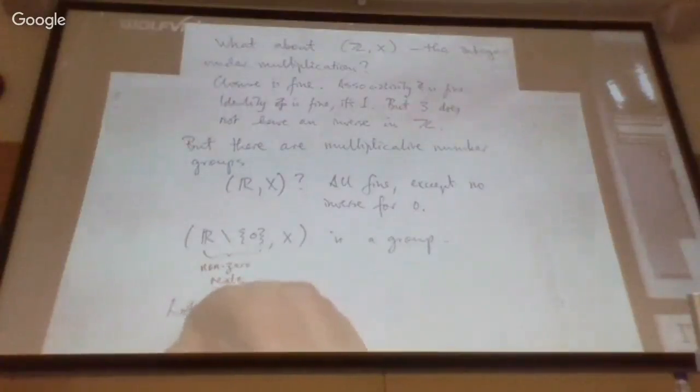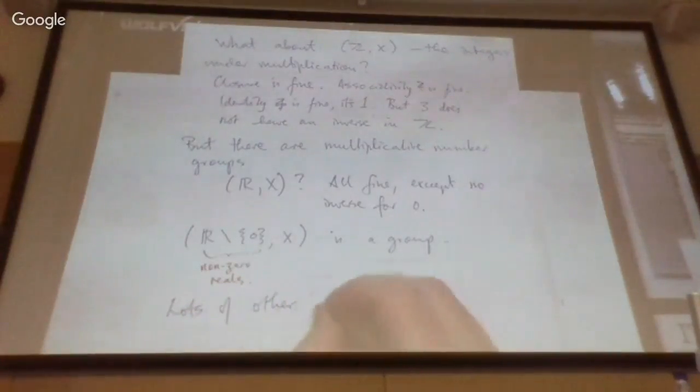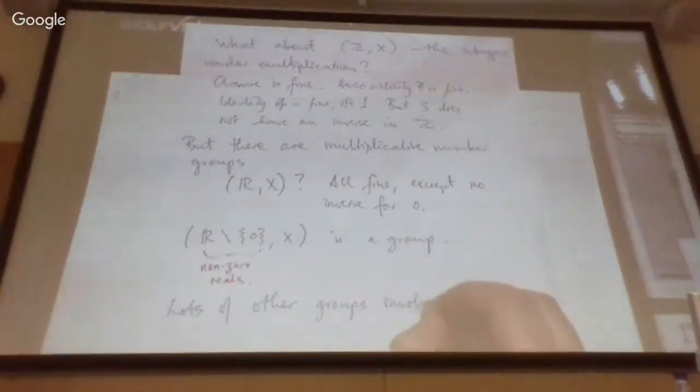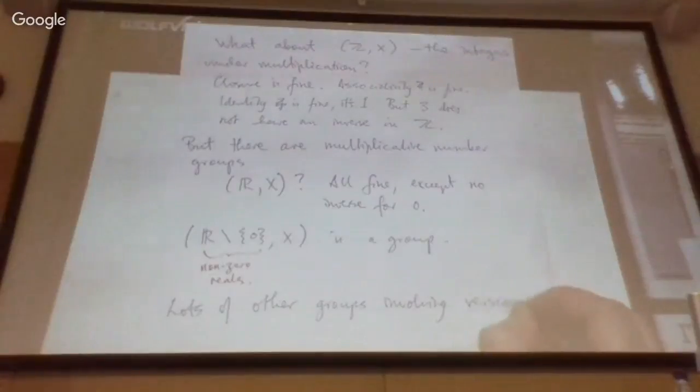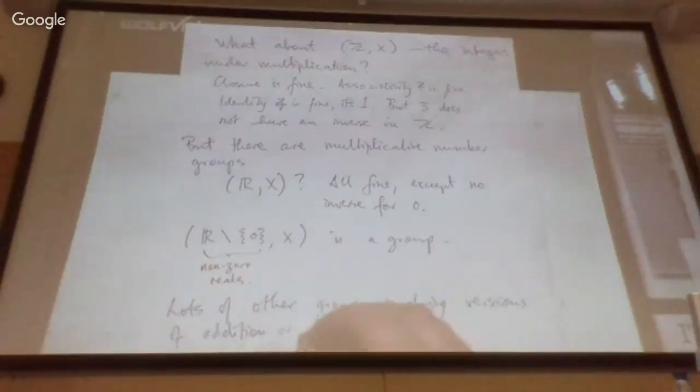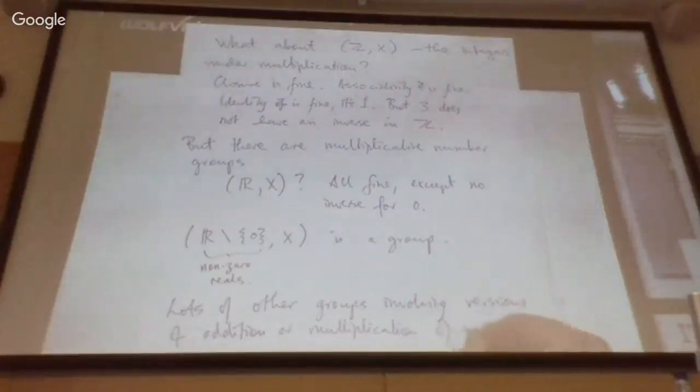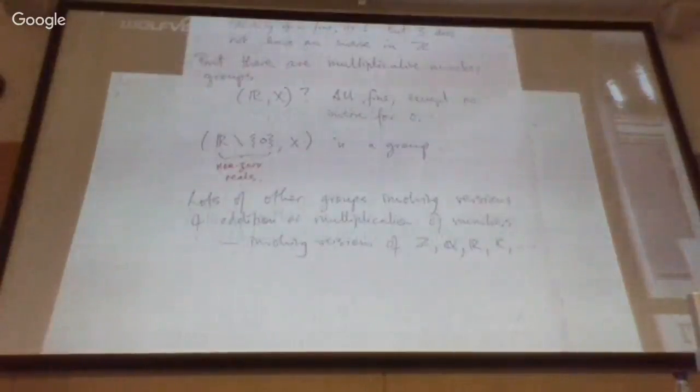So there are lots of other groups involving various versions of addition or multiplication of numbers. There are lots of these around, involving versions of the sets: the integers, the rationals, the real numbers, the complex numbers, and lots of other number-like sets.